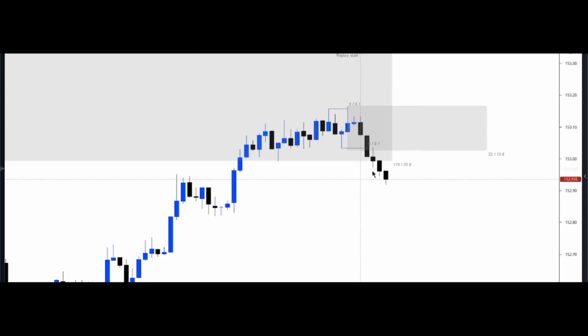And therefore, where is your area of interest in this? Now, your area of interest is your order flow. More important than any other thing, this is your order flow in the market. So once price taps into this order flow, you want to go short. All right? You want to go short from there.